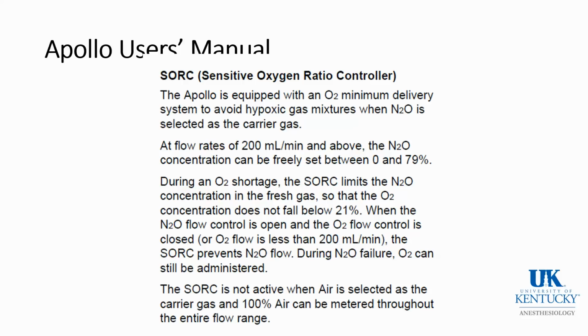And it is important to know that this oxygen ratio controller is not active when air is selected as a carrier gas, and 100% air can be metered throughout the entire range.